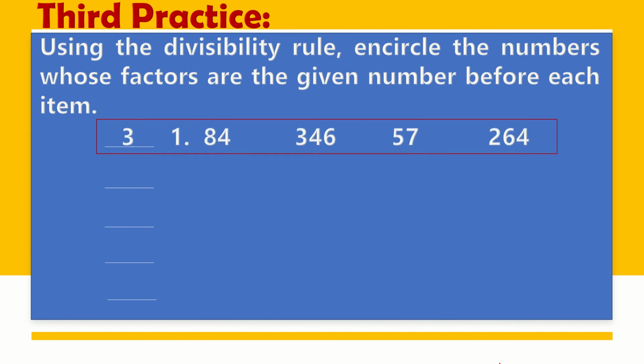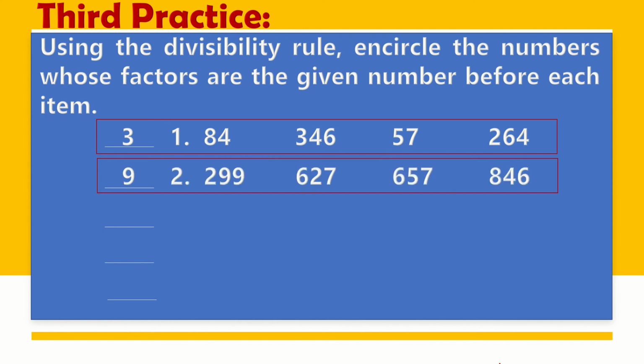For example, in number 1, the factor is 3, or divisibility rule for 3. We say divisibility or factor, they are just the same. For number 1, the numbers are 84, 346, 57, and 264.